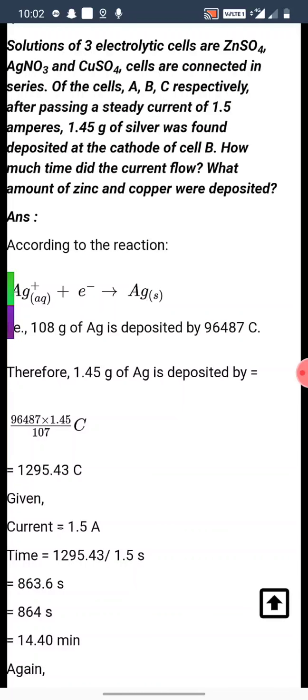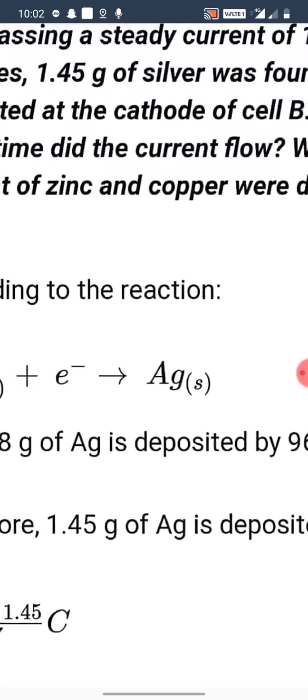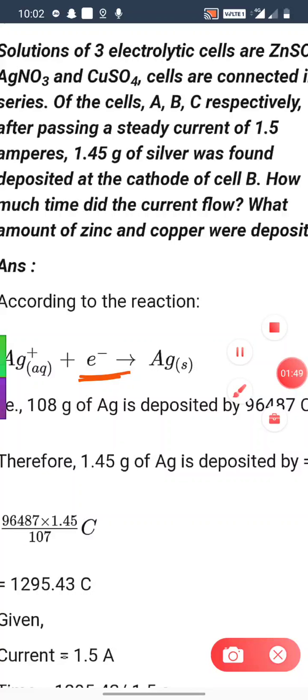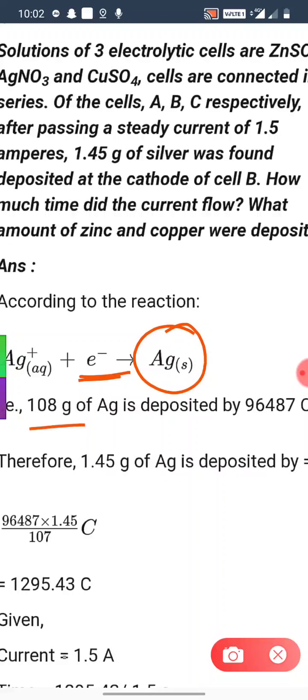As you can see here, the reaction for the conversion of Ag+ to Ag is mentioned, because in the case of AgNO3 the charge on Ag is plus 1. So it will gain 1 mole of electrons, or 1 Faraday, to get converted into silver. The atomic mass of silver is 108 gram.